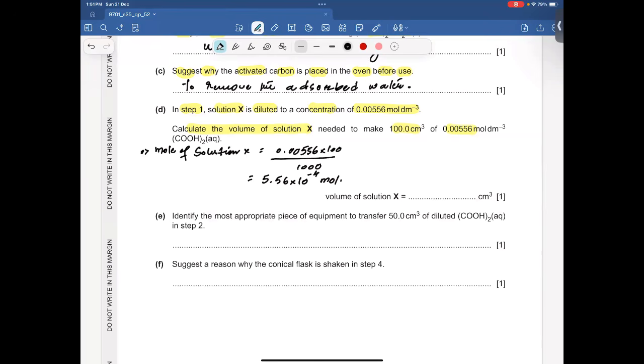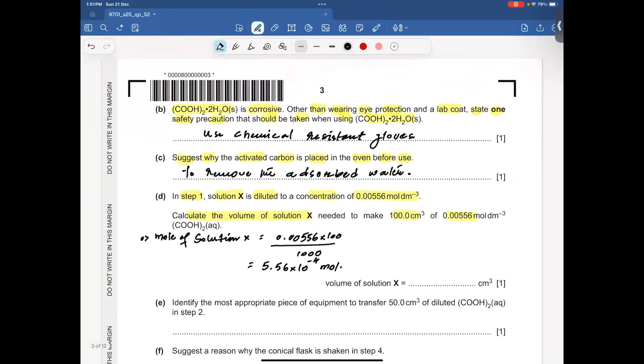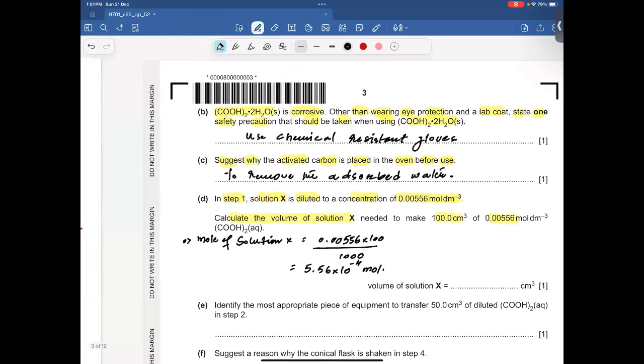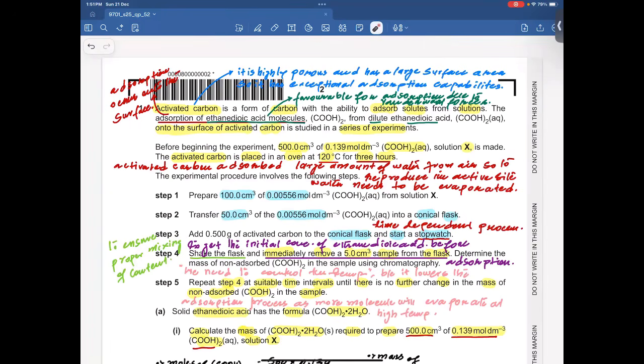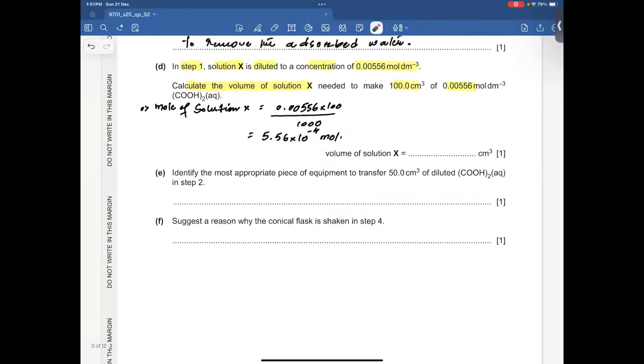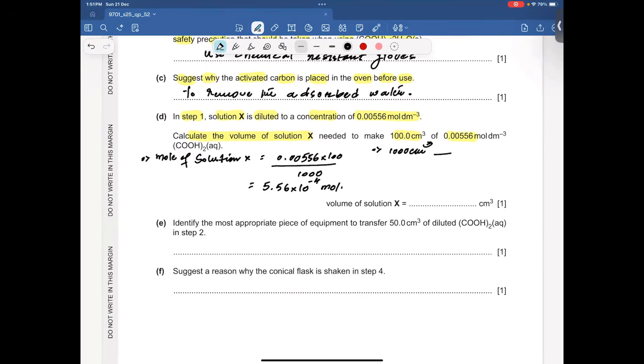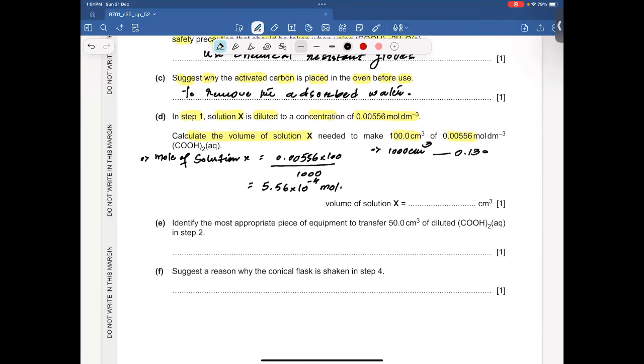The concentration of this compound initially was 0.139 mole per dm cube. So in the next step, what I'm going to do is 1000 cm cube contain 0.139 moles.